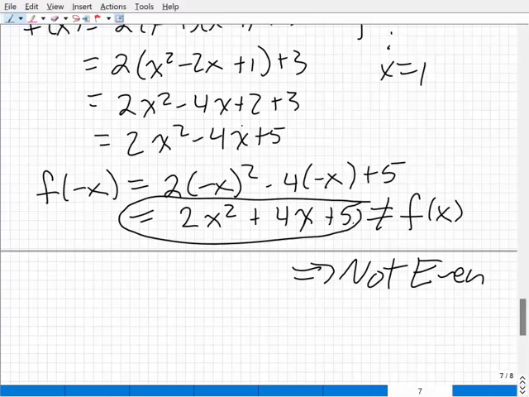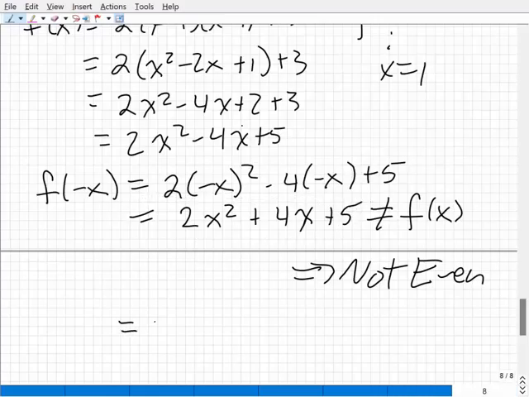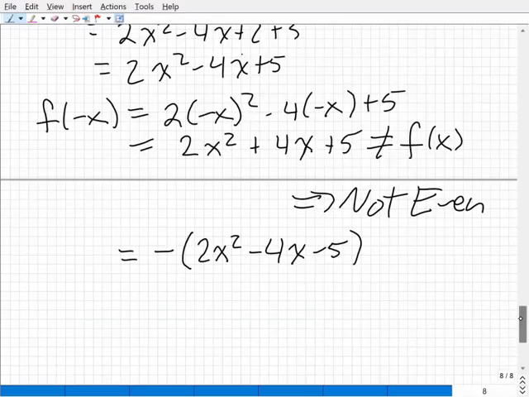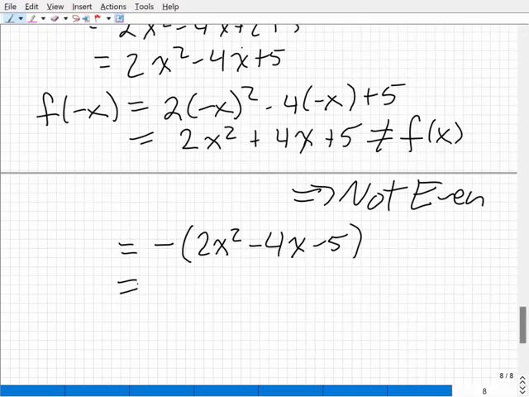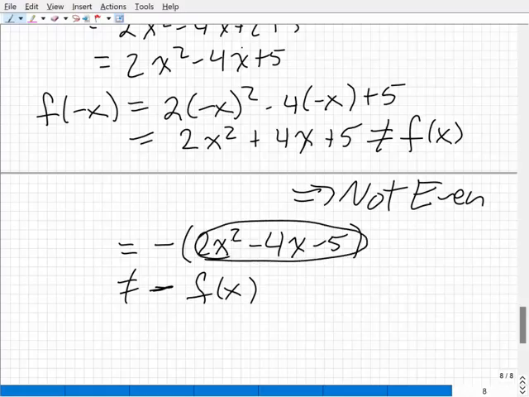To show it's not odd, well, this guy, factor out a minus. Okay, so when I do that, I could say, well, this is not a negative f of x, because this is not the original function, right?